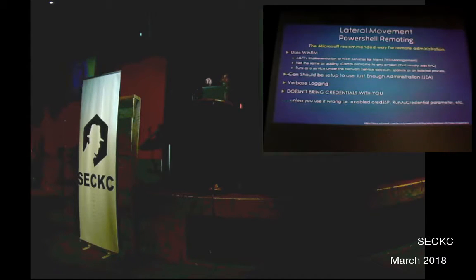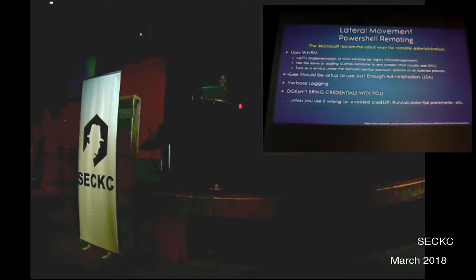Well, administrators want to be able to make a hop through B and work on C, but what they end up doing is bringing credentials with them to box B and basically exposing them and not using the remoting how it's supposed to, and it kind of cancels out the whole thing.